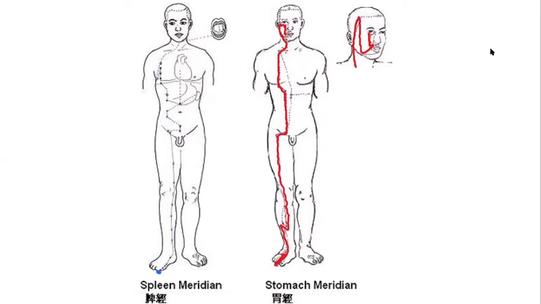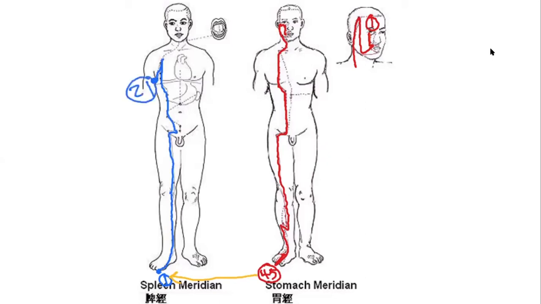Stomach 1 is up here, and Stomach 45 is on the second toe. Spleen 1 is on the big toe. So they're very close together, and the spleen goes all the way up to the axilla, on the side of your body, which is Spleen 21.